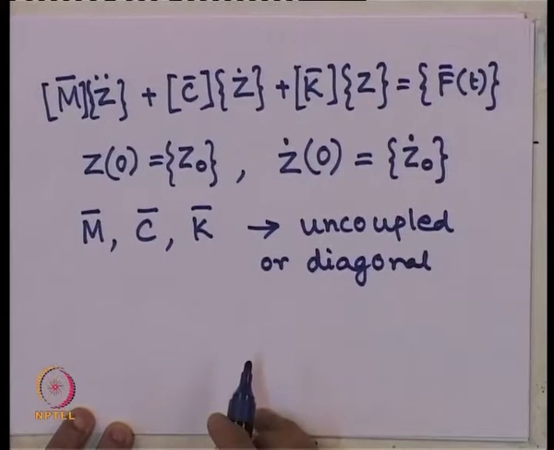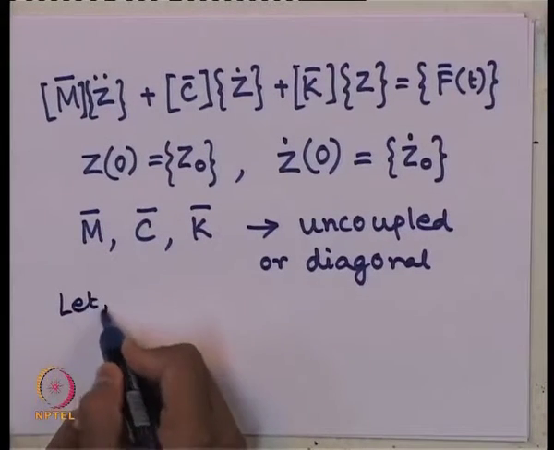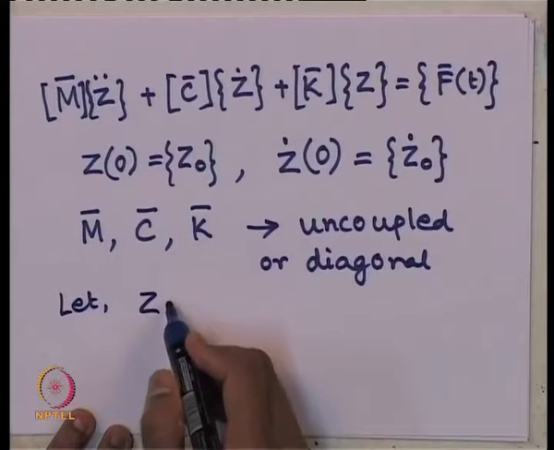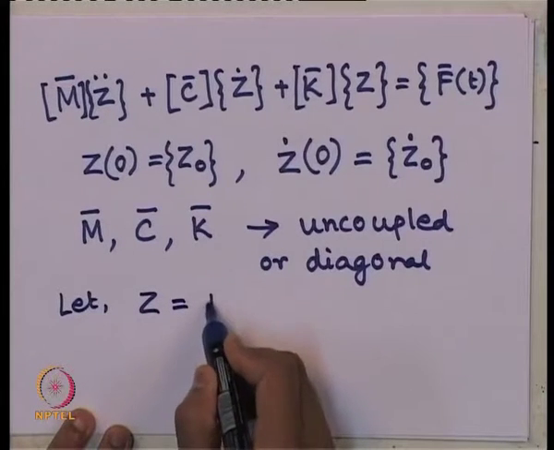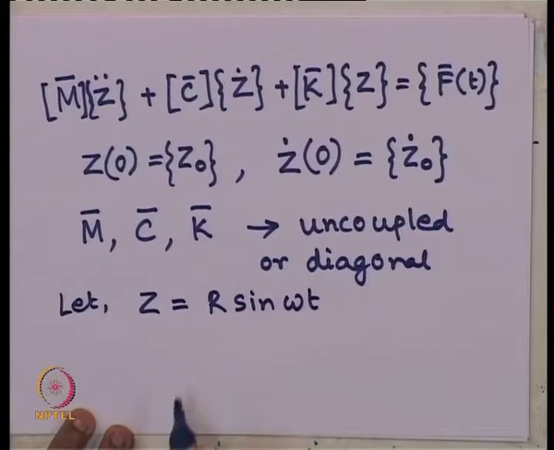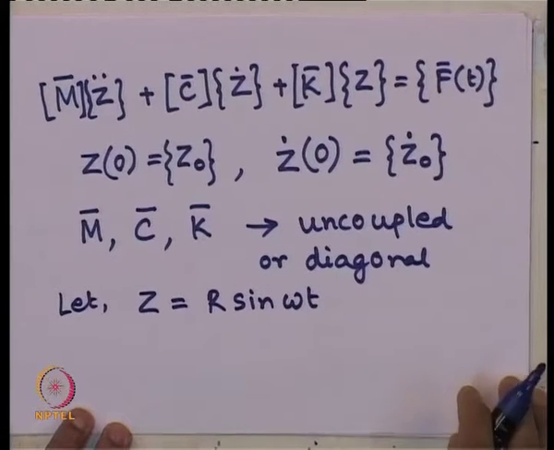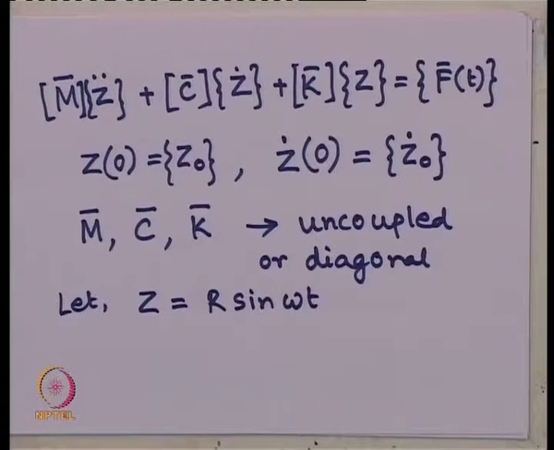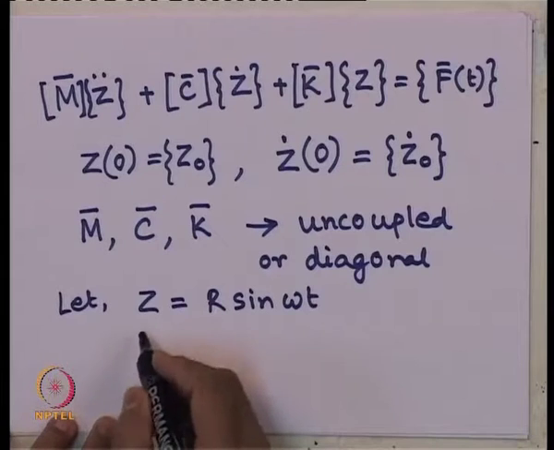Now, the form of solution, let us consider it is given by z equals r sin omega t, the form of the solution for the system. Okay. What does it mean? That means these are vectors.